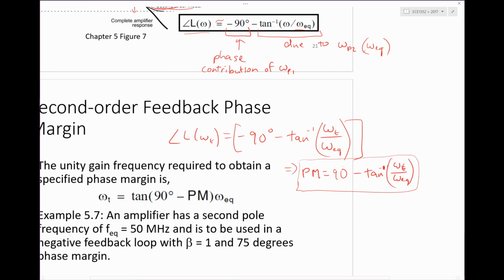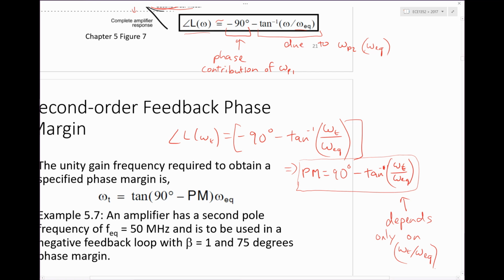And you'll see, key point here is that it depends only on the ratio of omega t to the second pole. That tells you how much phase margin you have.